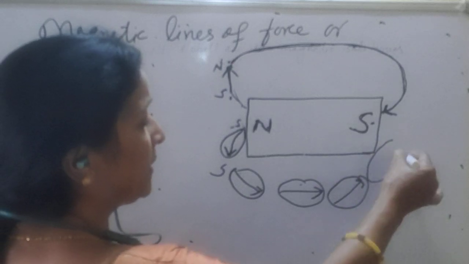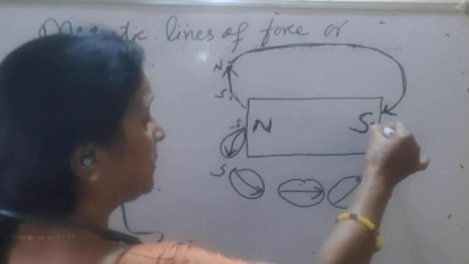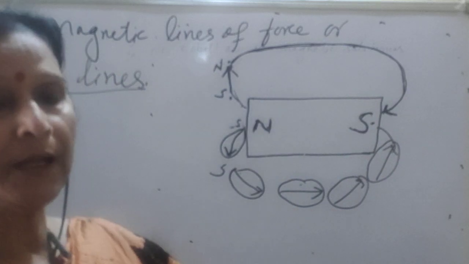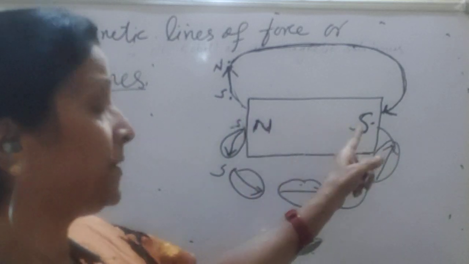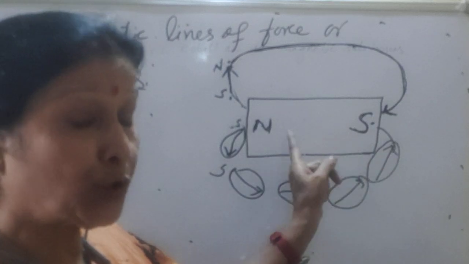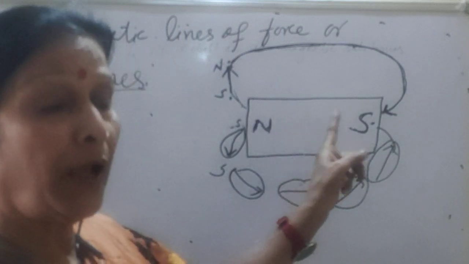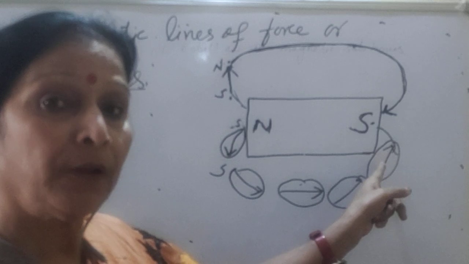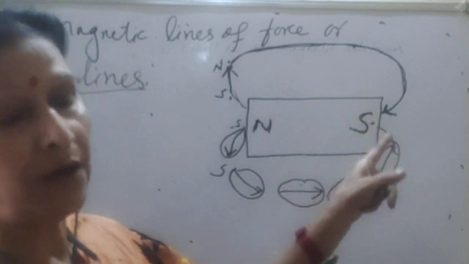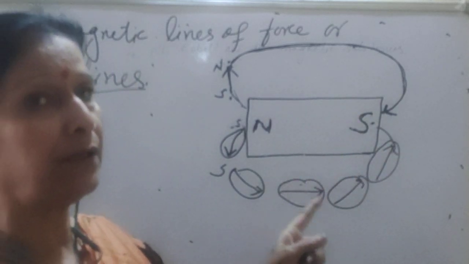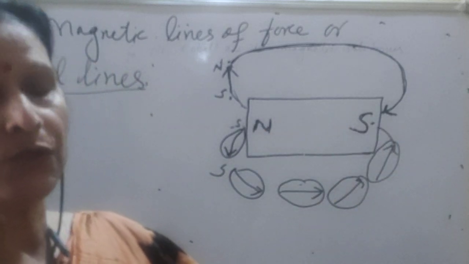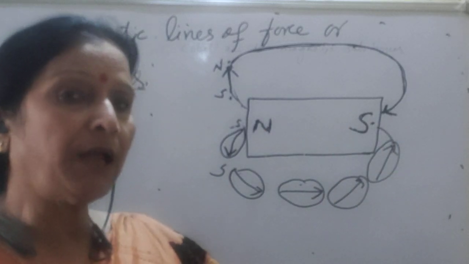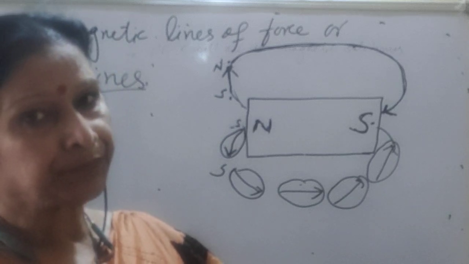So we will get again the curved path, which is the line along which the force of this magnet, due to the north pole and south pole, is exerted on the north pole of the magnetic needle and it moves along this curved path. This curved path is known as a magnetic line of force.